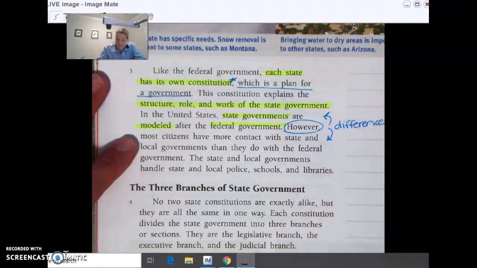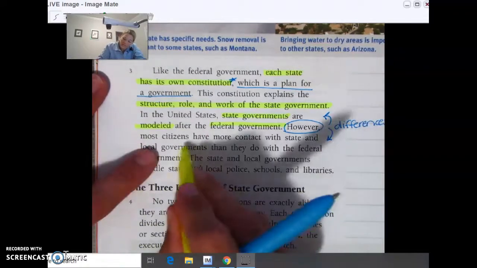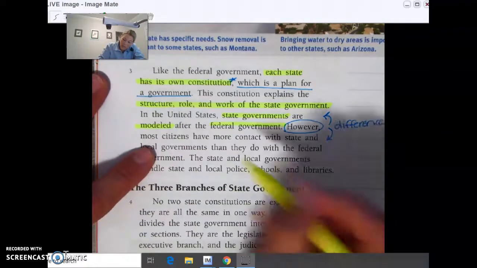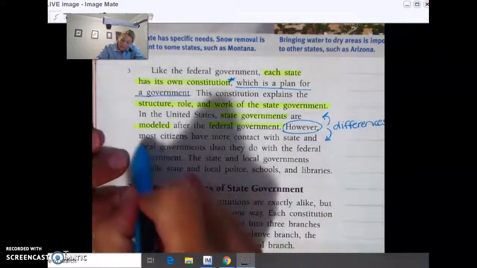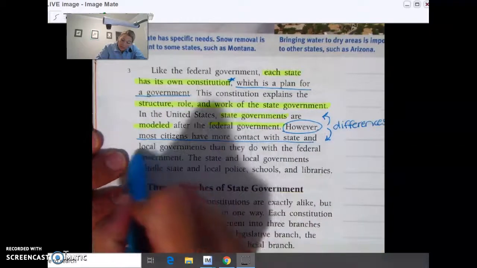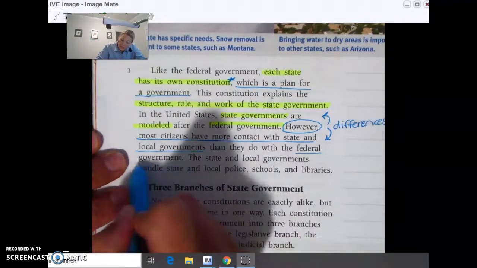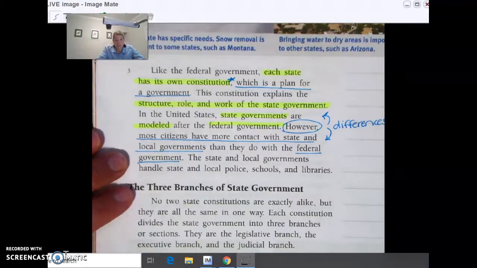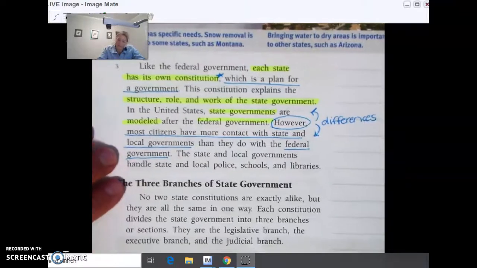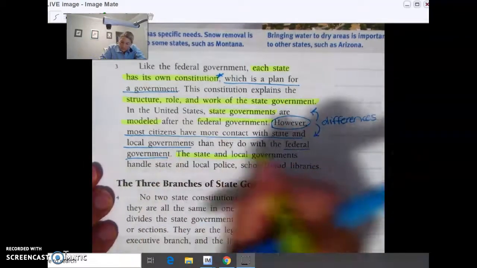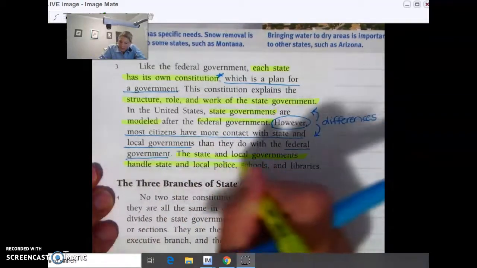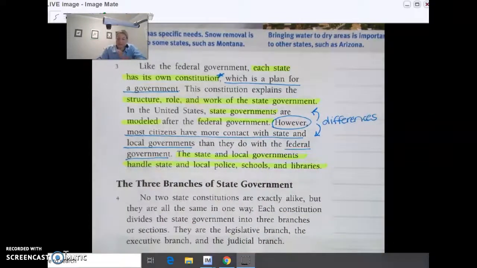I know that they're modeled the same, however, most citizens have more contact with state and local governments, let's underline that, than they do with the federal government. And that makes sense. It's much easier for us to contact our governor or state officials than for us to contact the president, right? The president's kind of a hard guy to get a hold of. The state and local governments handle state and local police, schools, and libraries.